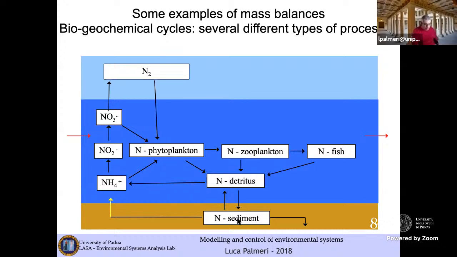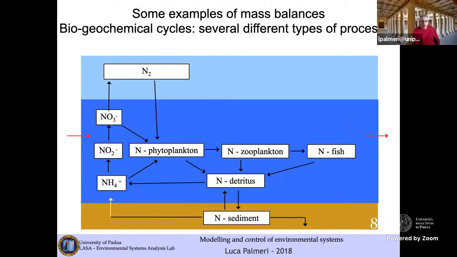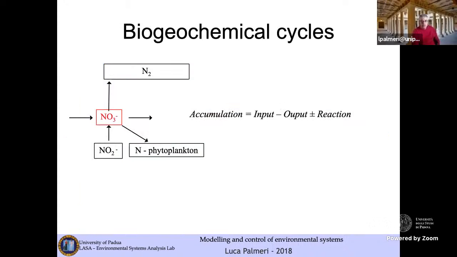In particular, we may employ, as always, a mass balance. So we start by writing that what accumulates in the water column is equal to what goes in minus what goes out, plus or minus what is transformed by chemical reaction.